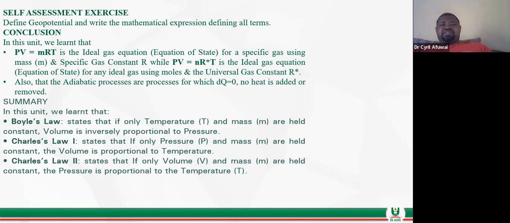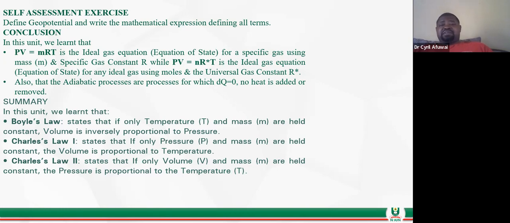Conclusion. In this unit, you are expected to have learned that PV equals mRT is the ideal gas equation, the equation of state for a specific gas using mass and specific gas constant R, while PV equals nR star T is the ideal gas equation, the equation of state for any ideal gas using moles and the universal gas constant R star.